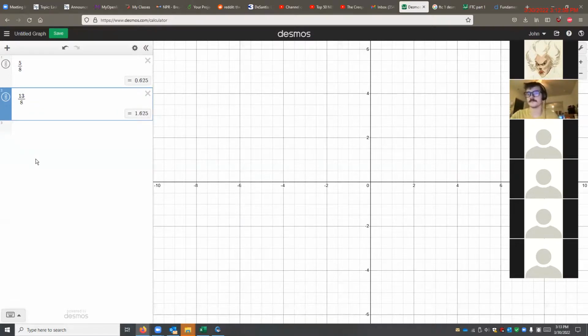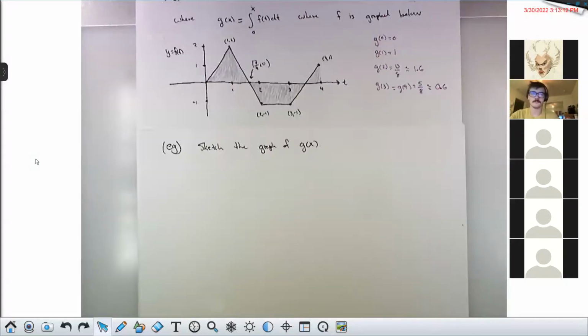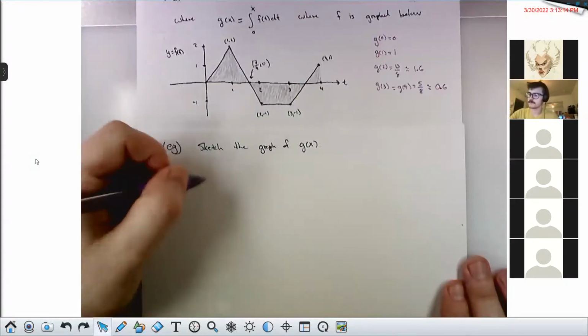So 5/8 here is 0.625. I'm just going to approximate that as 0.6. And 13/8, I will approximate that as 1.6, just to give us a rough feel. Now we're going to sketch the graph of g.